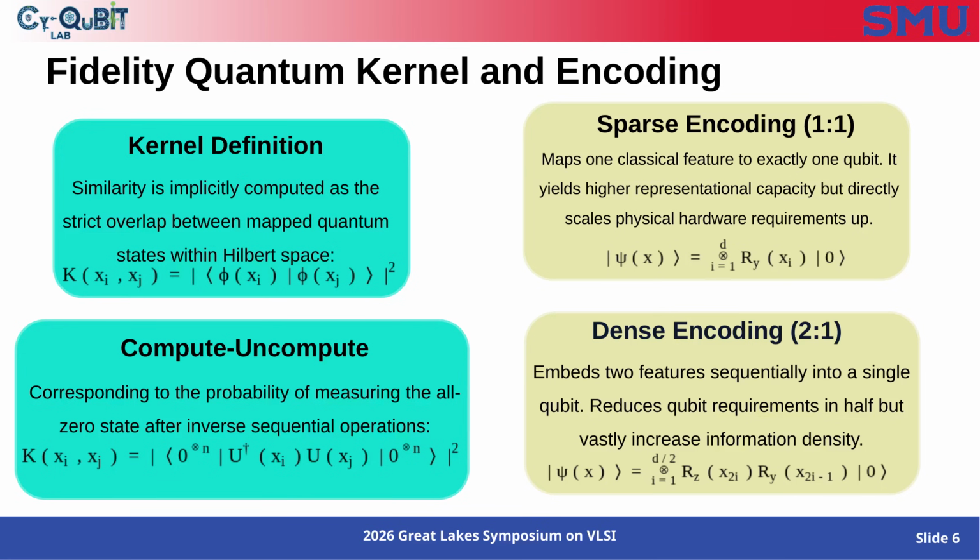For sparse encoding, each classical feature is mapped to one qubit. This can increase representational capacity, but it also increases hardware requirements directly as the number of features grows. For dense encoding, two features are embedded sequentially into one qubit. This reduces the number of required qubits, but it also increases the amount of information compressed into each qubit.